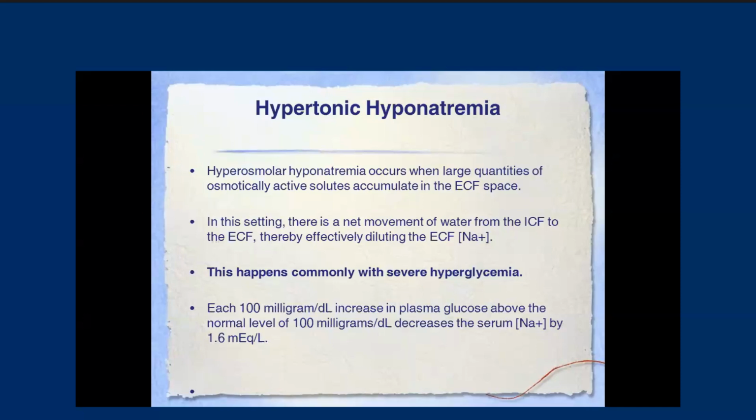That means if there is accumulation of osmotically active solutes other than sodium, like glucose, the main cause of hypertonic hyponatremia is hyperglycemia, or other osmotically active particles like mannitol or alcohol.